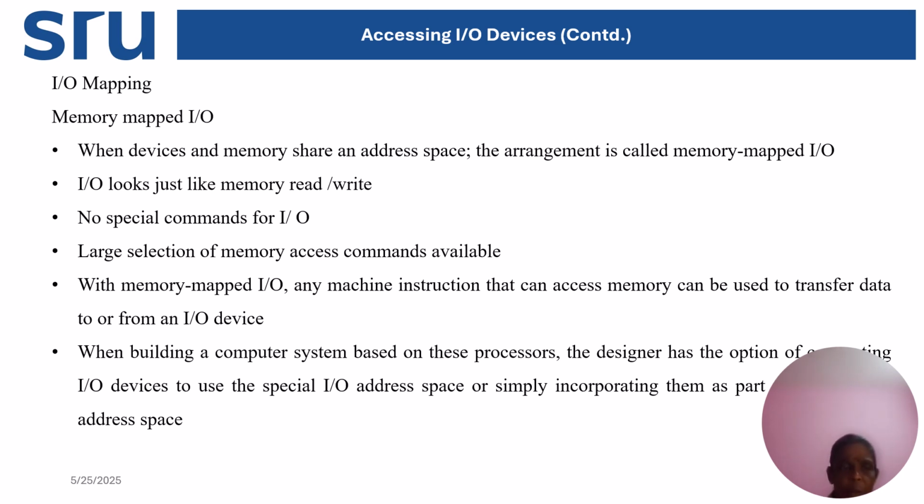First case, memory mapped IO. Memory mapped IO means if we specify an address, that same address will be used to address the memory location as well as the IO device. There will not be any specific instruction for mentioning the memory location and IO devices.